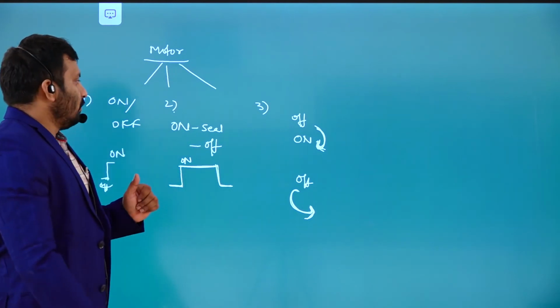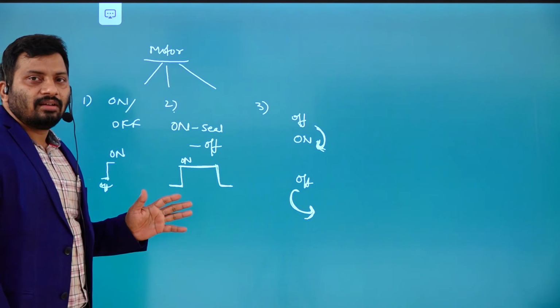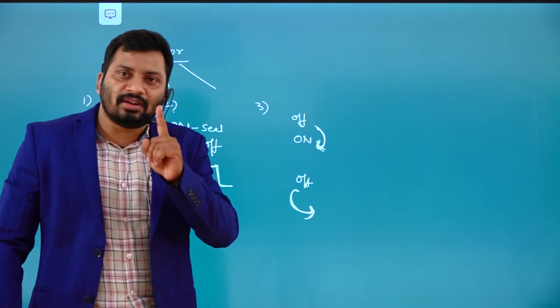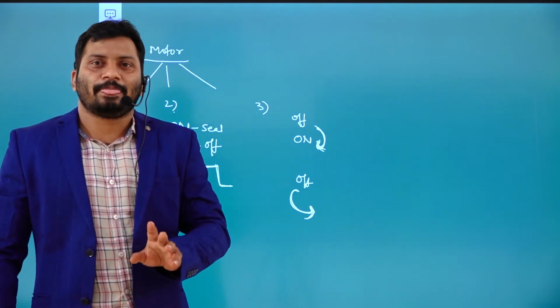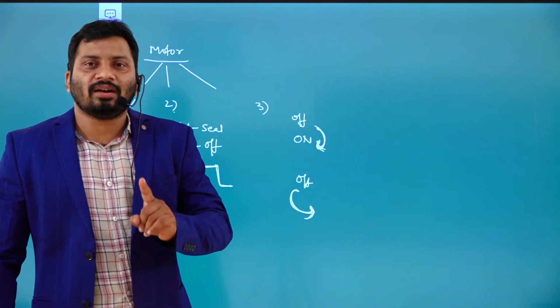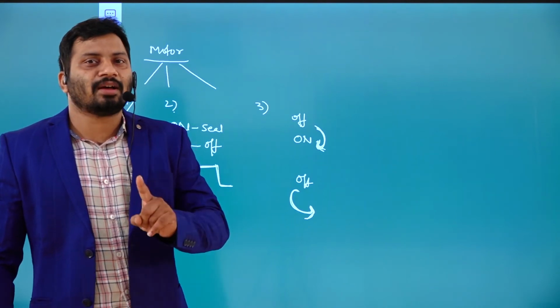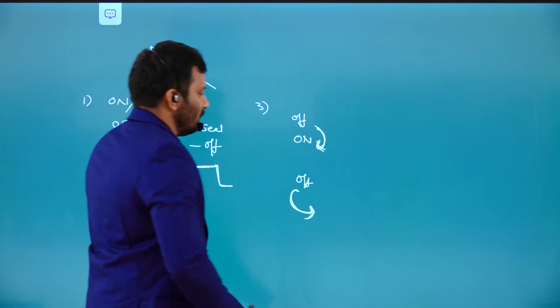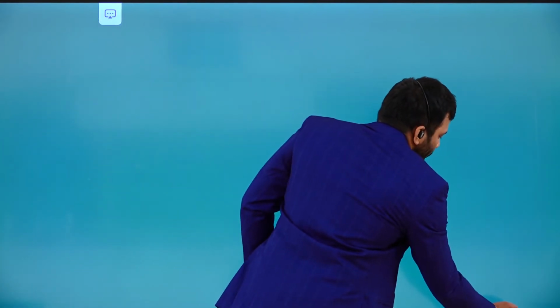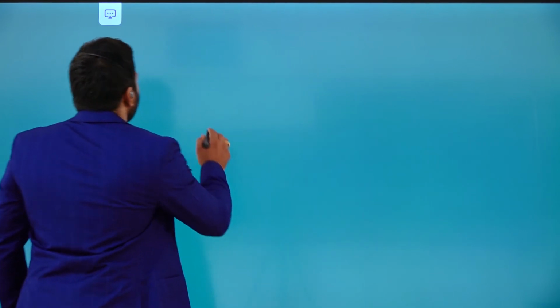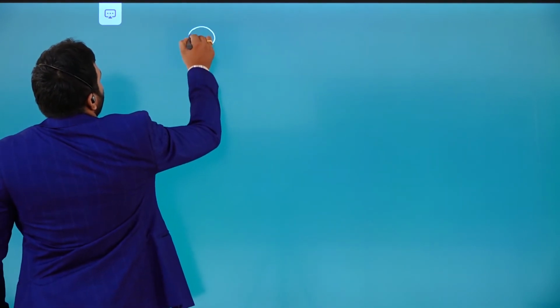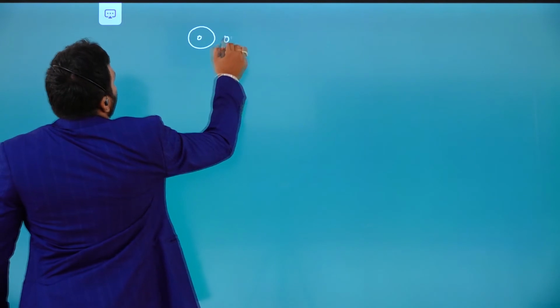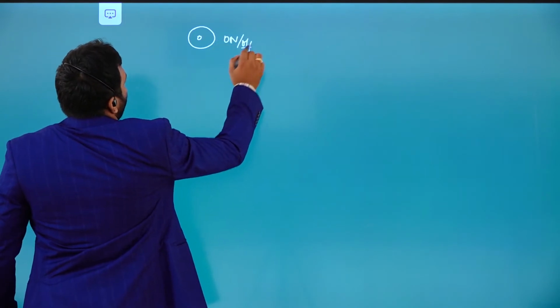So what is the output device here? In all three cases the output is the motor only. One or more inputs are required depending upon the application. We'll see now one by one. The first application is motor on and off.